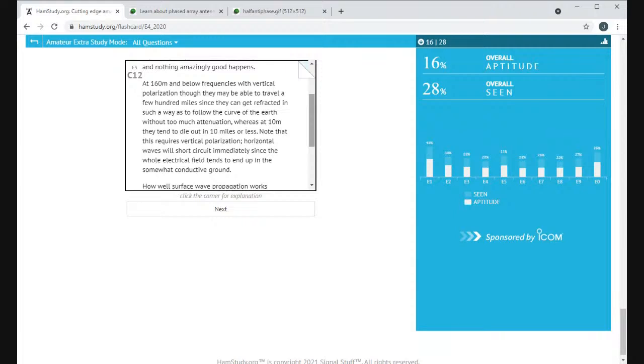Note that this requires vertical polarization. Horizontal waves will short circuit immediately since the whole electric field tends to end up in the somewhat conductive ground.